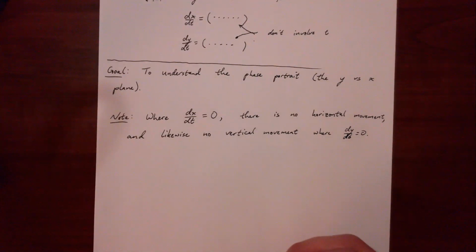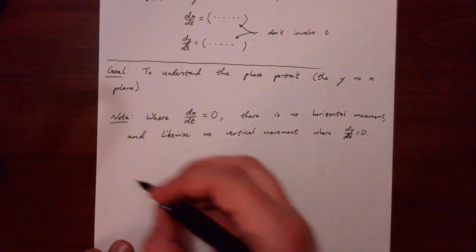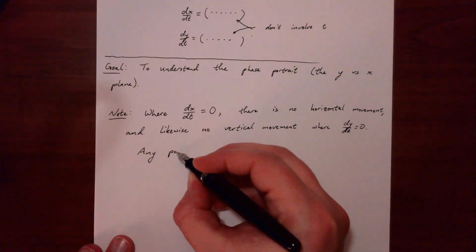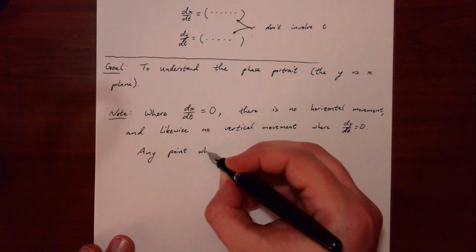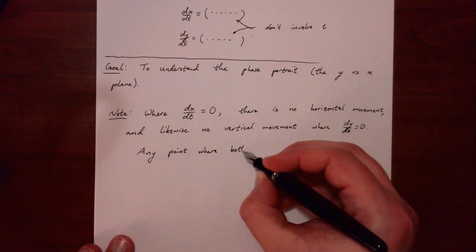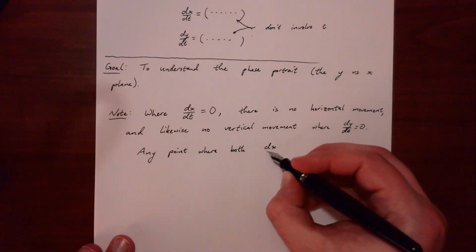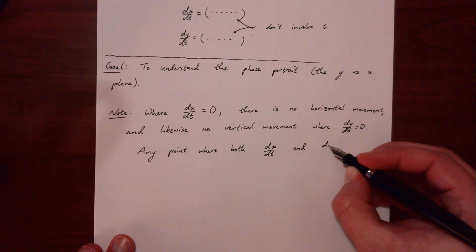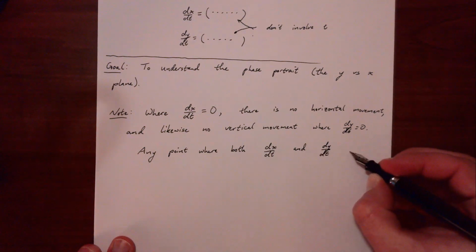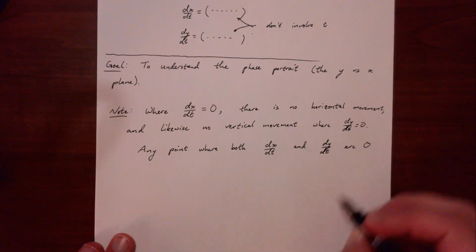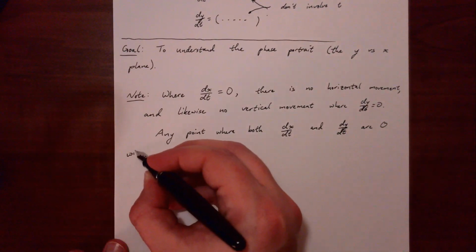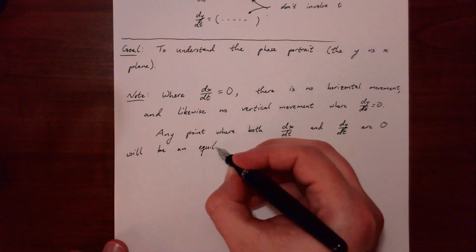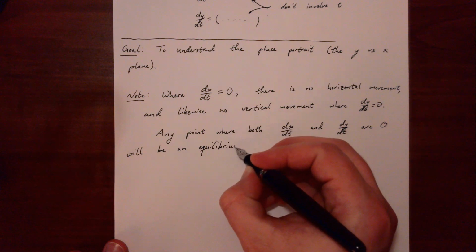And if you're ever at a point where both are equal to 0, any point where both dx/dt and dy/dt are 0, will be an equilibrium.